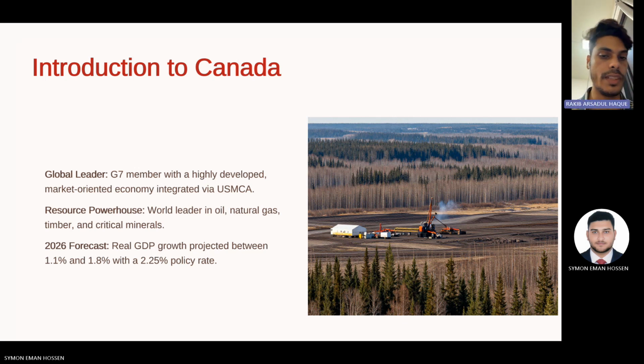Slide 3. Economic challenges. Despite the stability of the G7 framework, Canada is facing what policy experts call a productivity emergency.